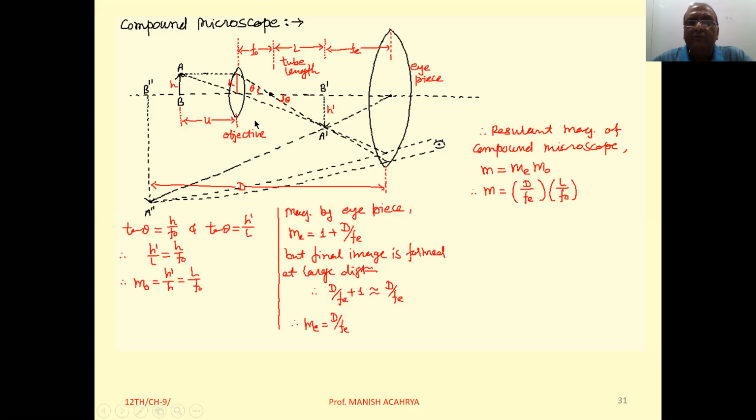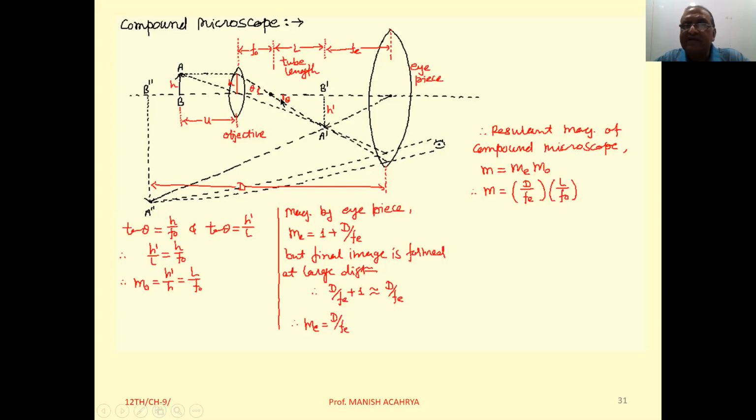Okay, now suppose this angle subtended at the second focal point of the objective by the object height is theta, then we can write tan theta is h upon FO, opposite upon adjacent. Similarly, if this angle is theta, this will also be theta.